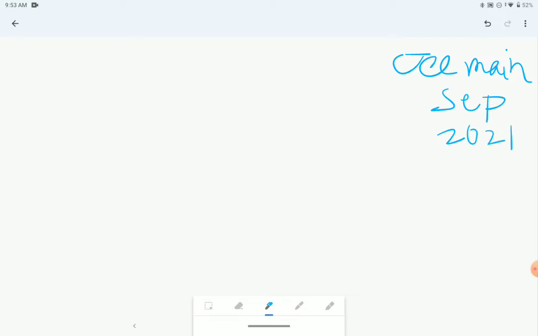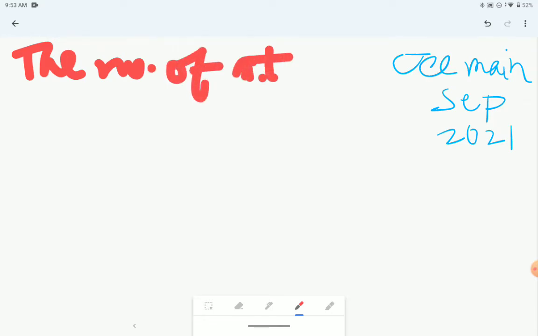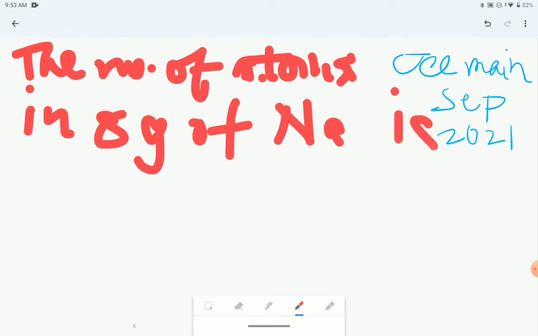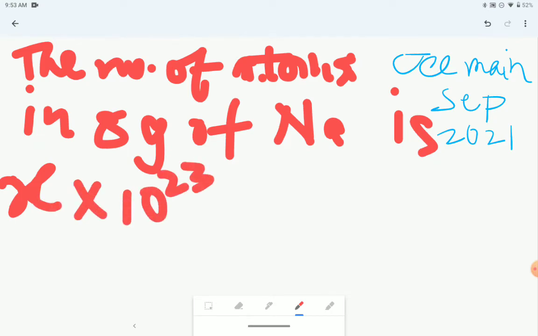The question says that the number of atoms in 8 grams of sodium is x into 10 to the power of 23.